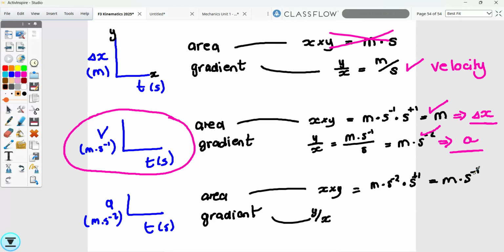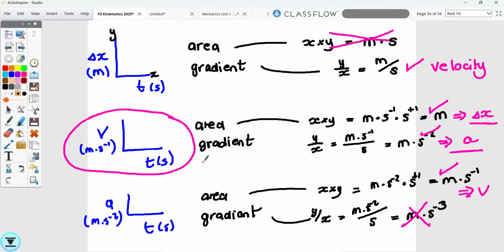I'm assuming your maths is amazing because you're taking science. And this is meters per second squared over seconds, which becomes meters per second to the minus 3. Is there anything that we measure in meters per second to the minus 3? No, but yes, we do have meters per second, and again, that is going to give us the velocity.